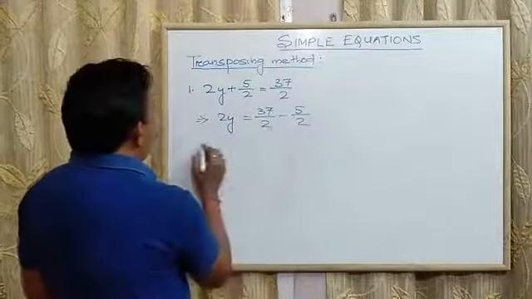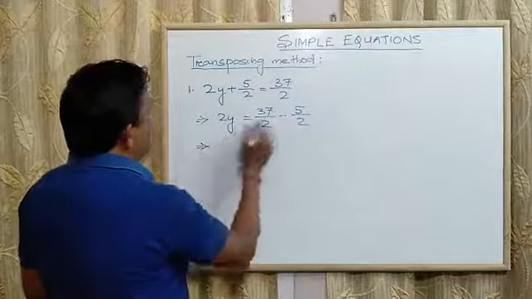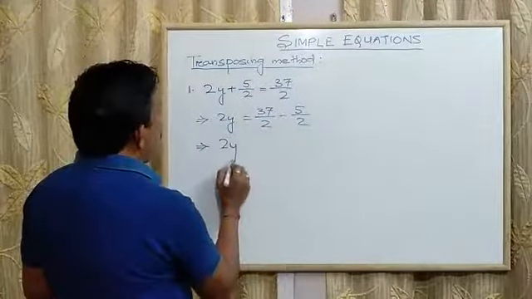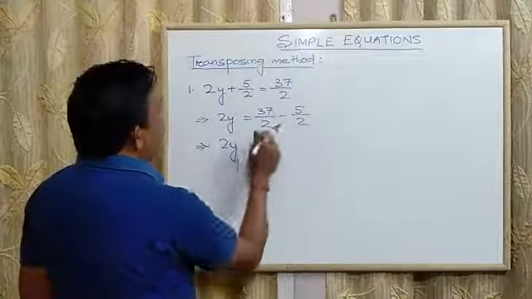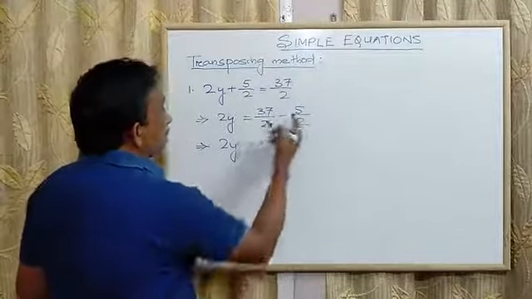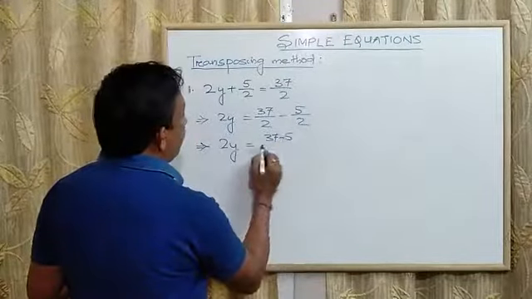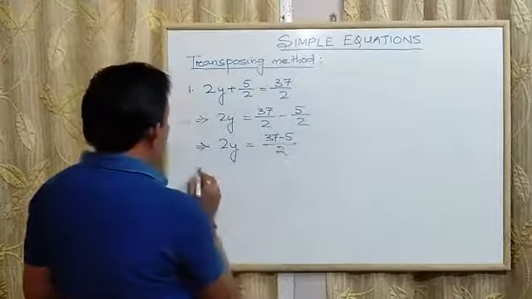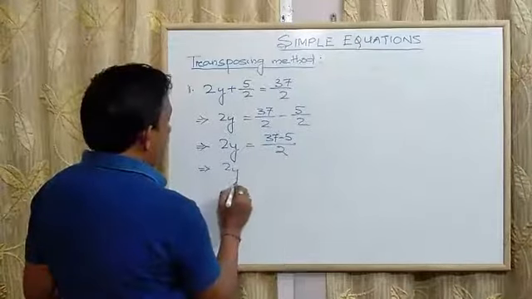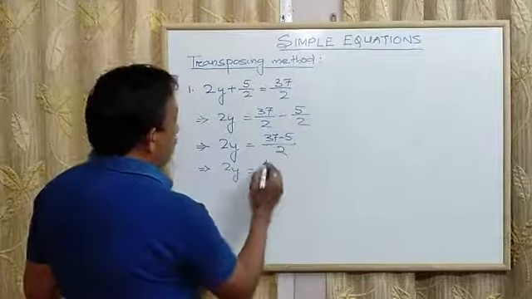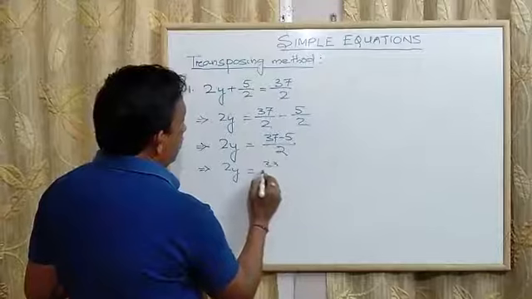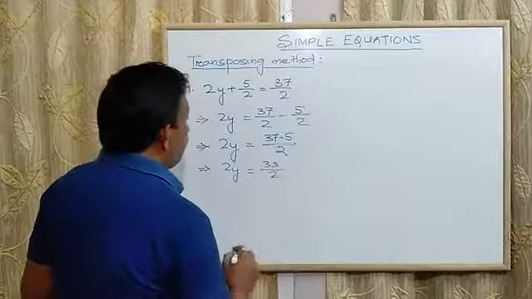Now how much does this come to? 2y is on the left hand side, and 37/2 minus 5/2 is (37 minus 5)/2. So now 2y is equal to, this is 33/2.